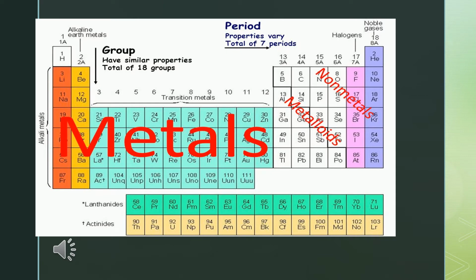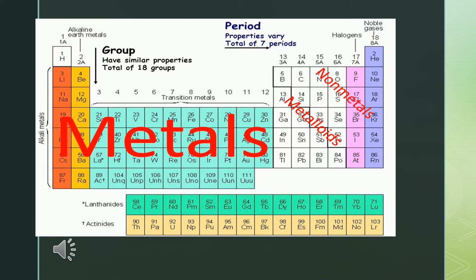Okay students, so basically there is a periodic table on this slide, so you can see that the metals are present from group 1 to group 12. Then there are some metalloids on the right, and as you move to the far right, there are some non-metals.